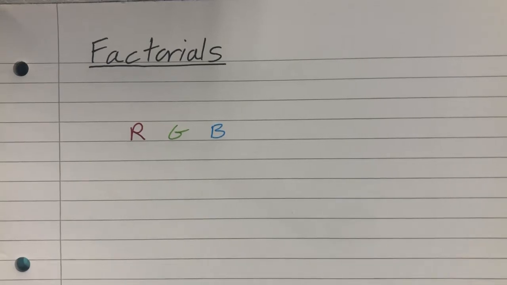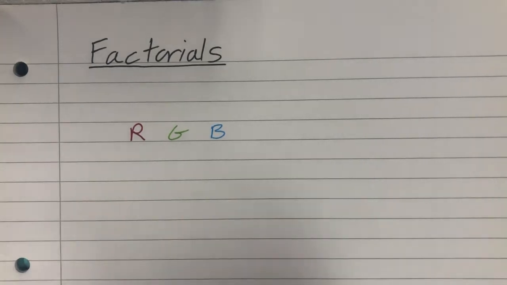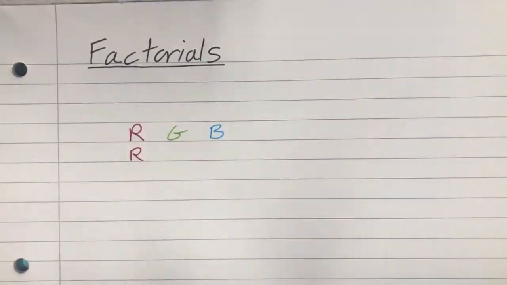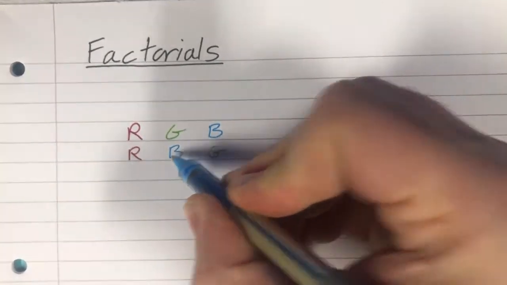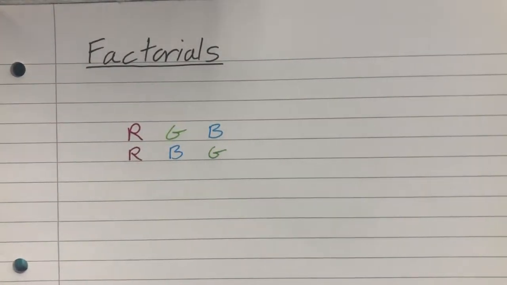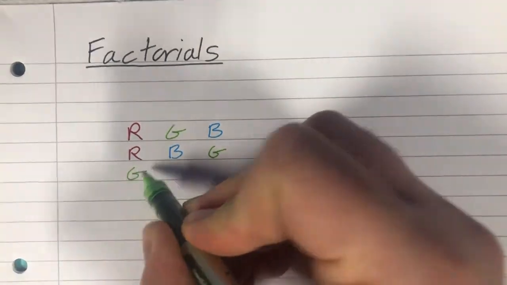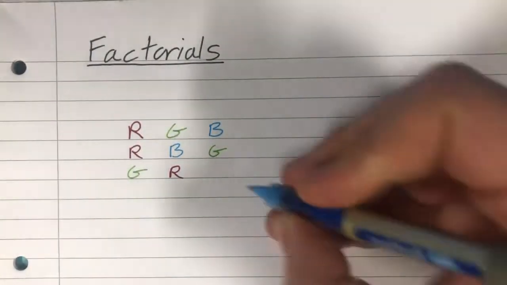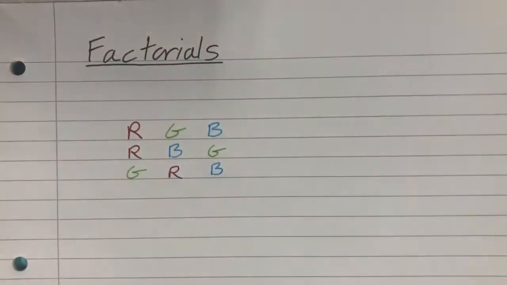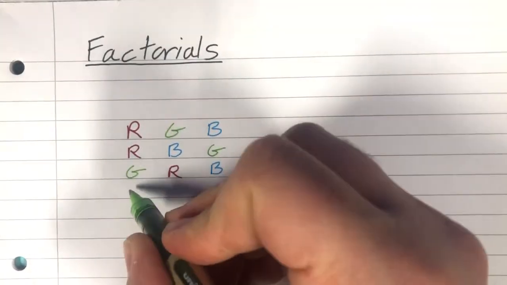So I've got red, green, blue, that's obviously one way, but what I could do is I could just swap the green and the blue around to give me a second way. So that's two ways. I could put green out the front, so green, red, blue, and then of course I could keep the green out the front and then swap the red and the blue.